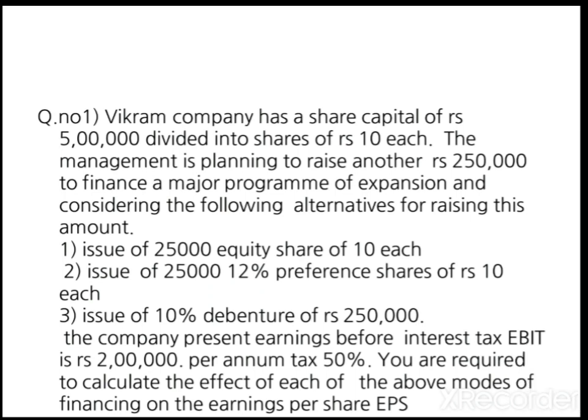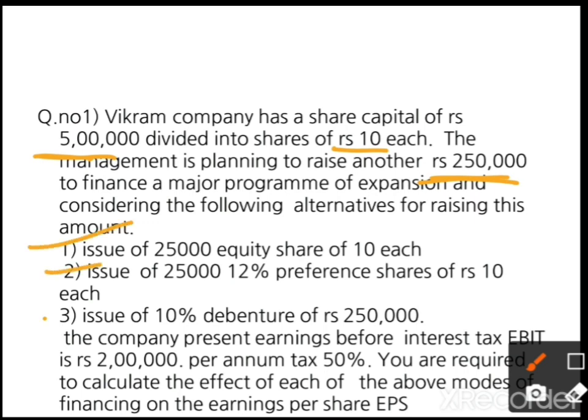Dear students, that is the given information. This is the existing company information, at rupees 10 each. It means 50,000 equity shares, and 2,50,000 they are going to raise from each plan. Plan 1 is purely equity shares, plan 2 is purely preference shares, and plan 3 is debentures. Sir, may they be given like that? Yes, they may be given in combination.